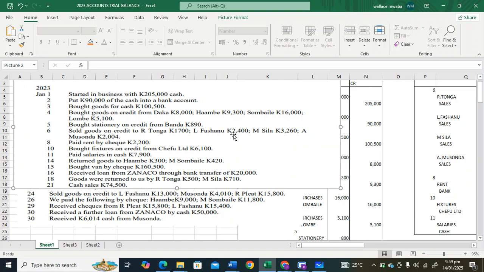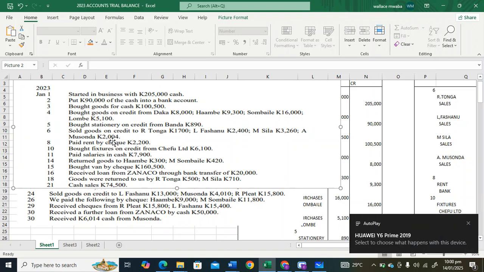Even expenses, even though you haven't paid for that expense, you still have to record. So you debit Msila 3,260, credit sales 3,260. You debit Musonda 2,000 and you credit sales 2,000.